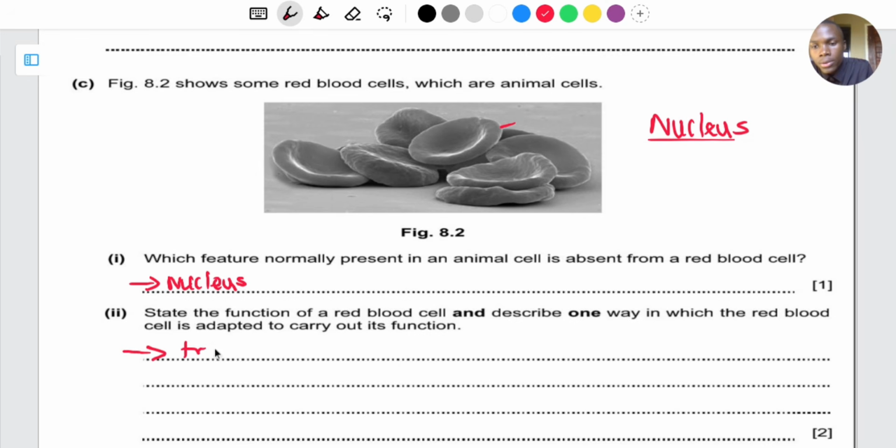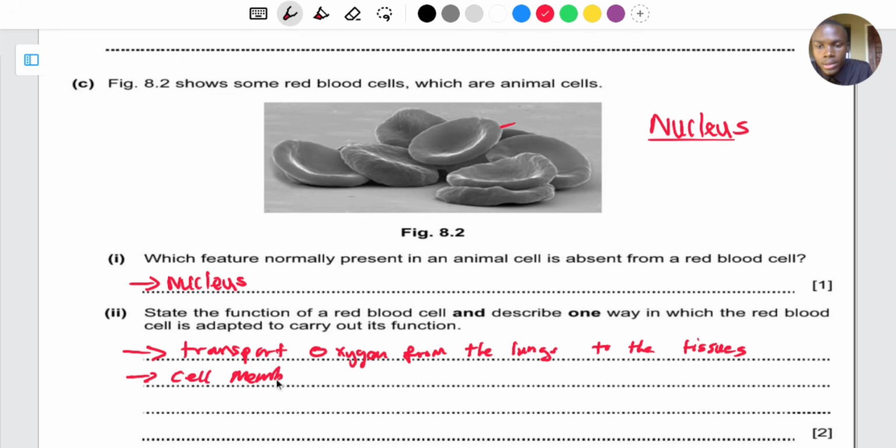So: transport oxygen from the lungs to the tissues. Then from there you are done. If you want, you can also include another one. Also, the cell membrane contains the antigens.